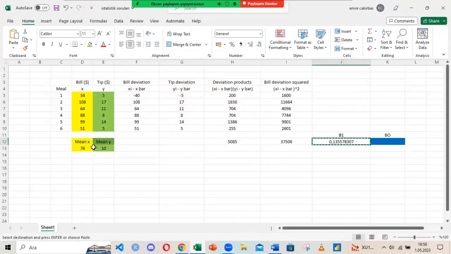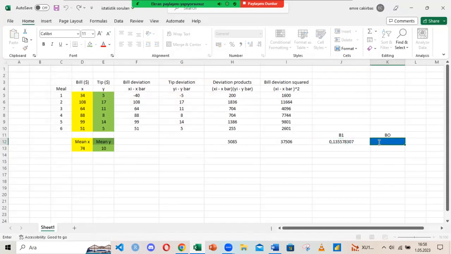In this case, y bar equals 10 minus our beta value times x bar, 74.